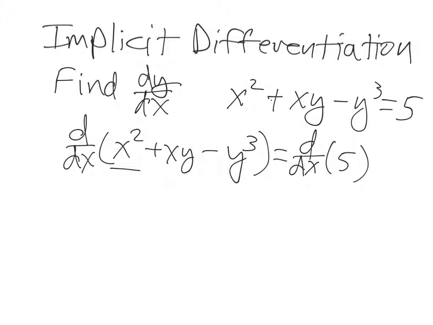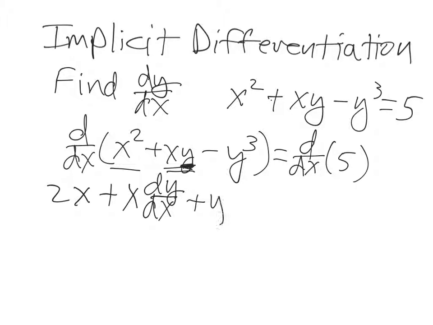And, as we go part by part, derivative of x squared would be what? 2x. Okay. Then what do we have to do here? Okay, product rule, x times y. So the first times the derivative of the second. What's the derivative of y? Okay, in that case we have to represent it as dy by dx.